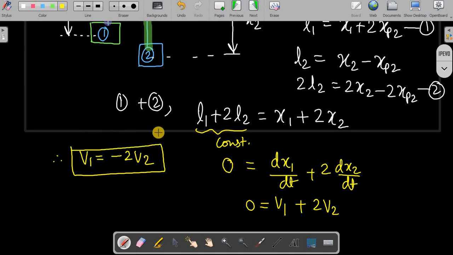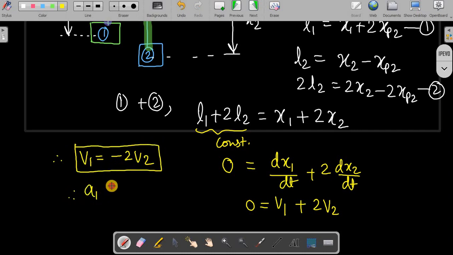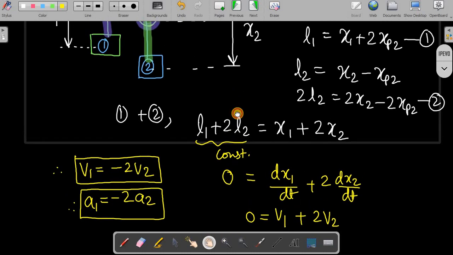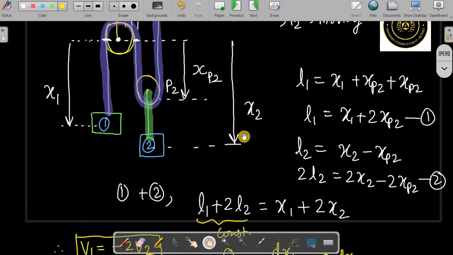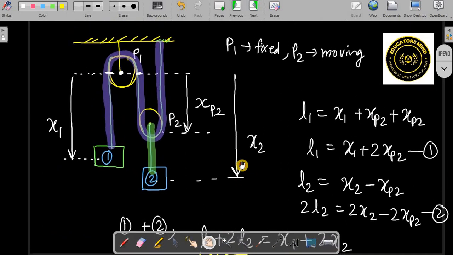One is going up, another is going down, or the lengths are increasing or decreasing, right? So this equation is important. Then you further differentiate, you will get acceleration a1 is minus 2 times acceleration a2, right? This approach is the constraint motion approach, and we can definitely go through it, but it's a little bit lengthy.